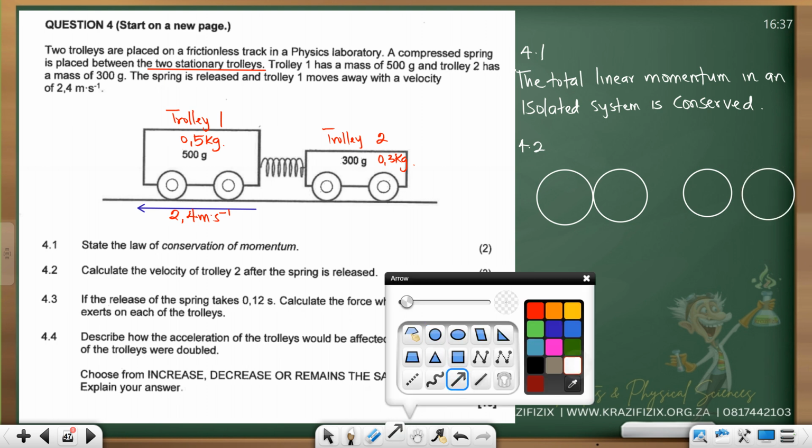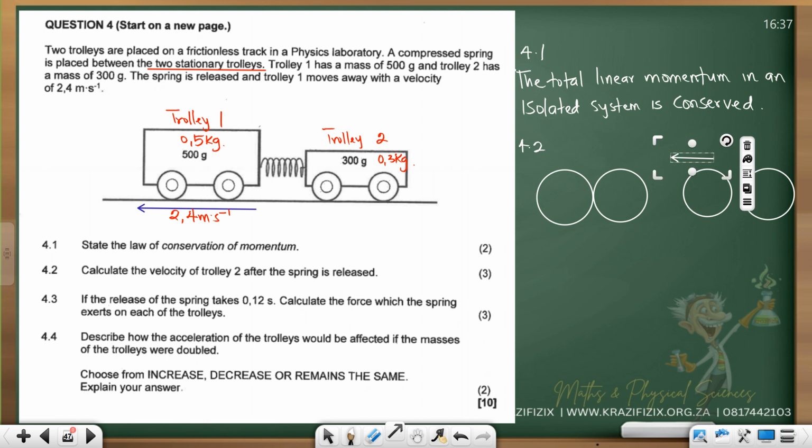This was where some of us were making a mistake the last time. Object 1, object 2. Since direction is now opposite, you have to pick one direction. So let's say take left as positive. It doesn't matter whether you take it as positive or negative.